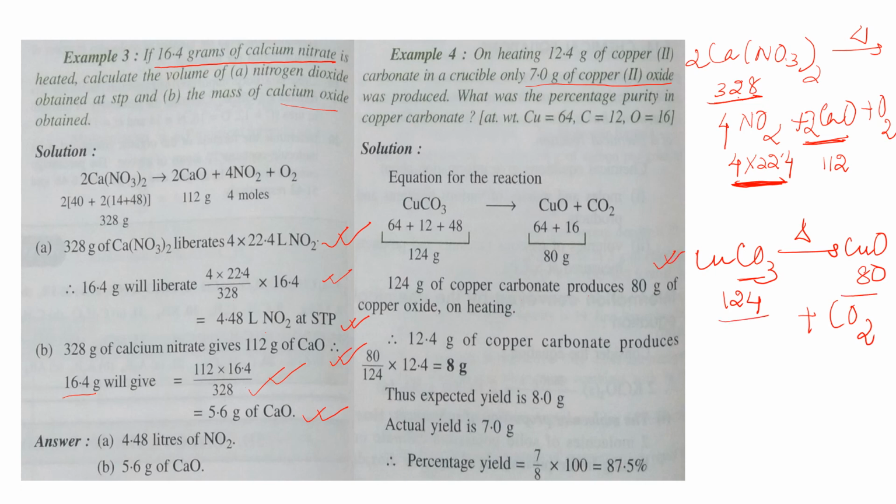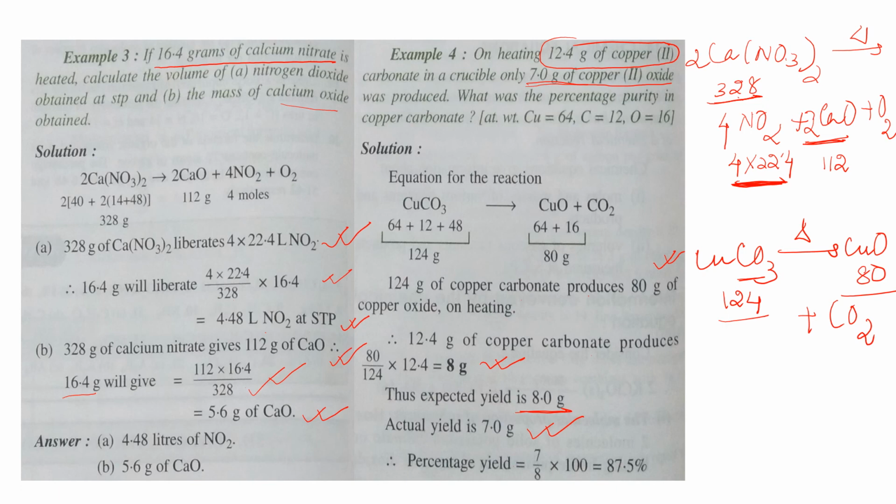Therefore, 12.4 gram of copper carbonate produces 8 gram of copper oxide. Thus the expected yield is 8 gram, but actually I am getting 7 gram of copper 2 oxide.